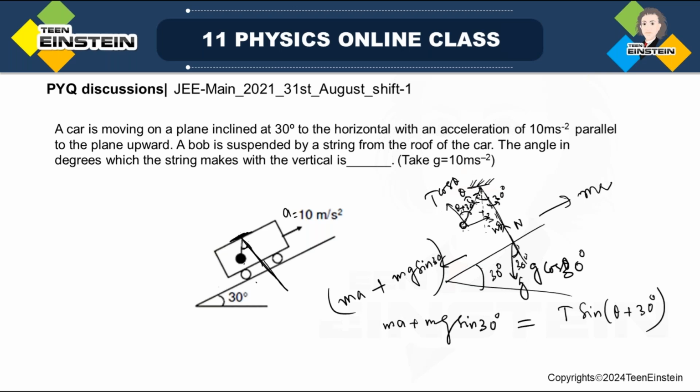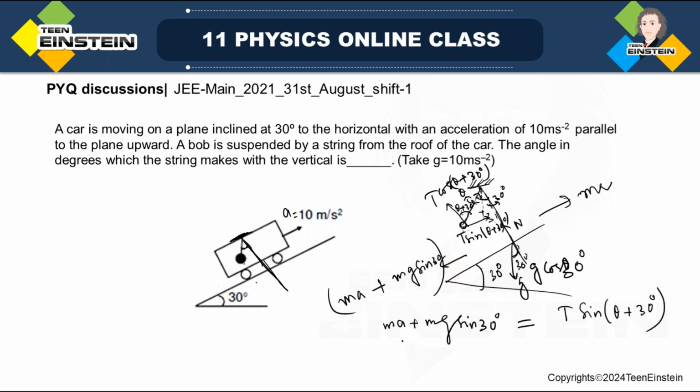All right, so the tension acting in this way will be T sin of 30 plus theta along the inclined plane, and this way it will be cos of 30 plus theta.